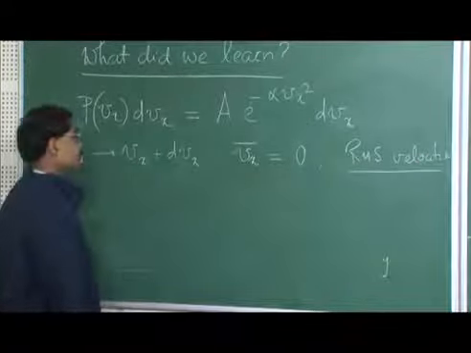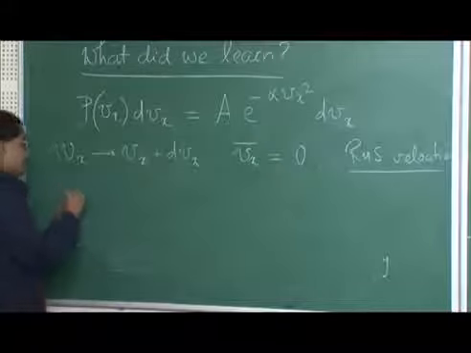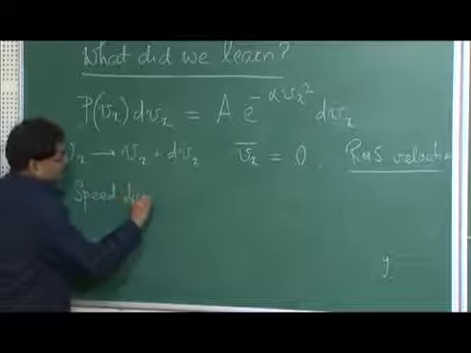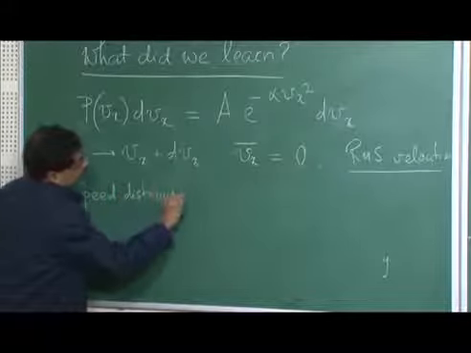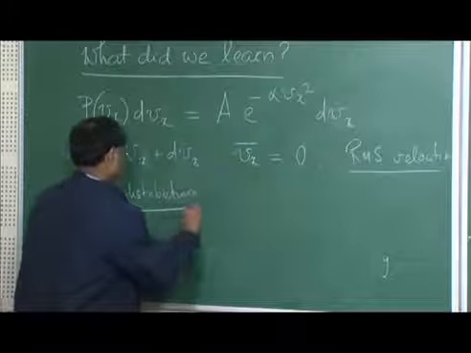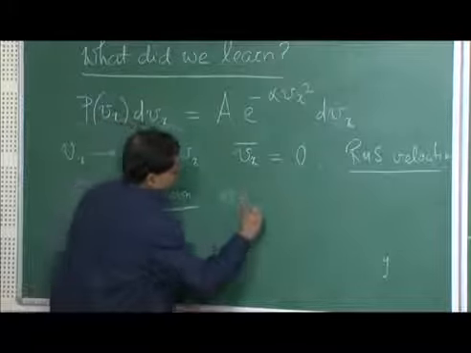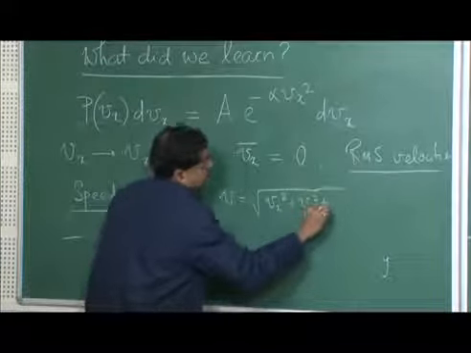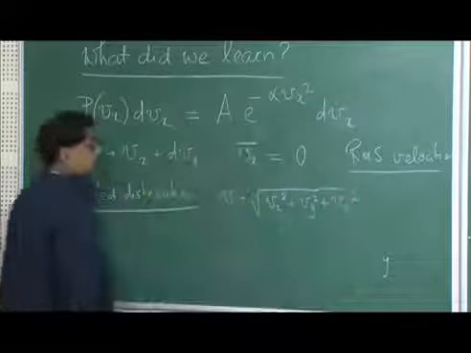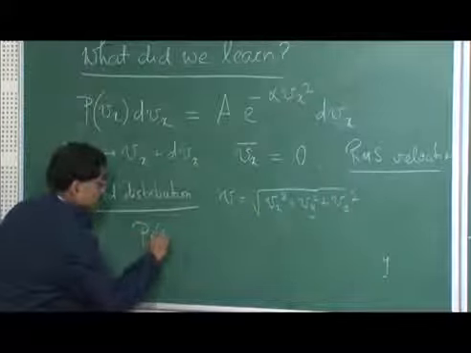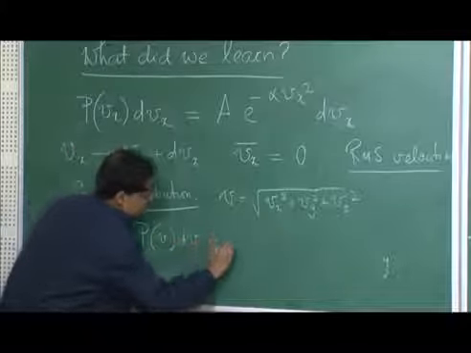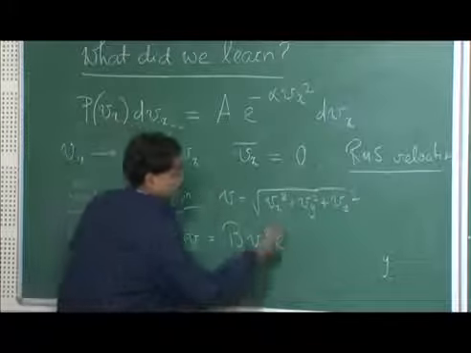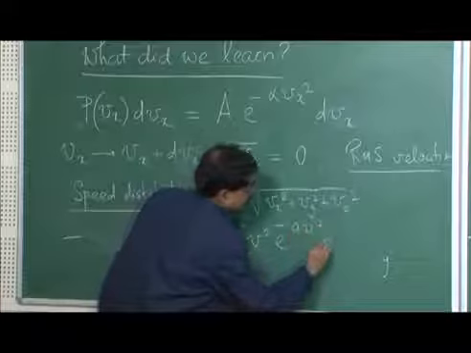Now, there is one more concept which turned out to be very useful, okay? That is called speed distribution. Define speed, which is root over Vx square plus Vy square plus Vz square, and define a probability distribution P(v) dv, some normalization constant B, V square, e to the power minus A V square, dV.